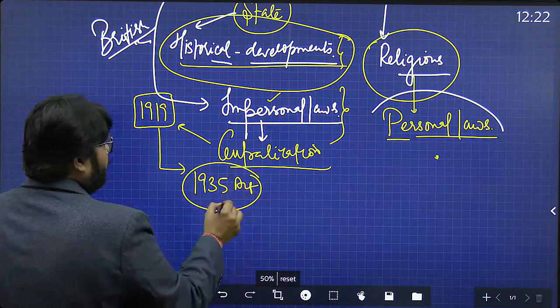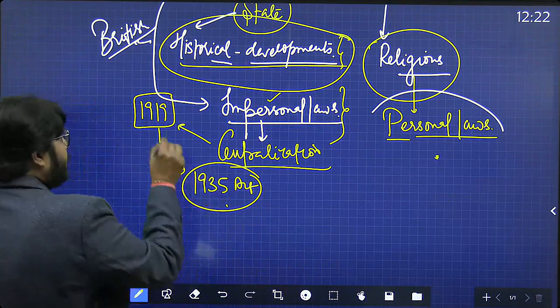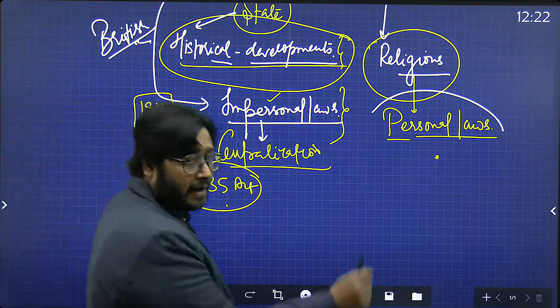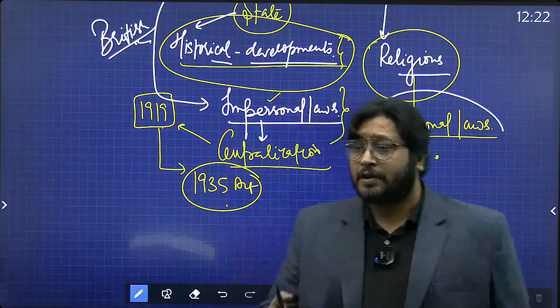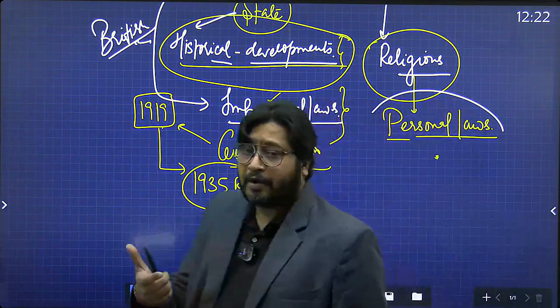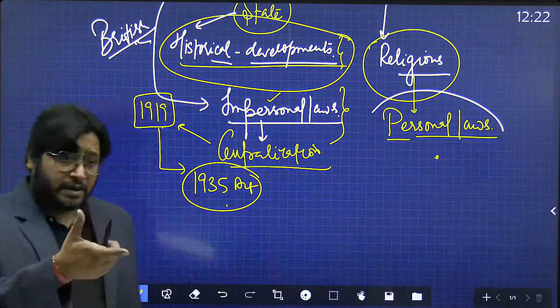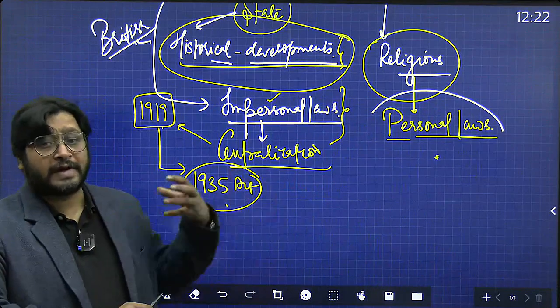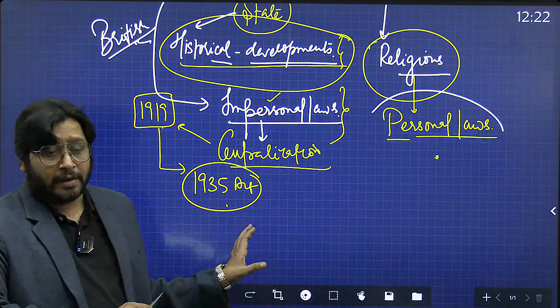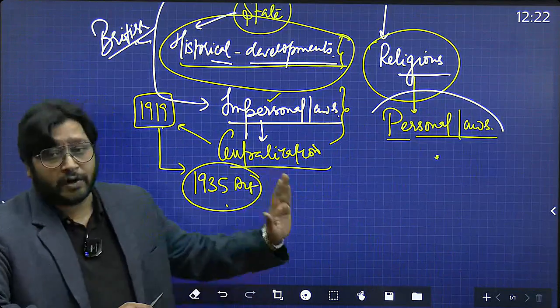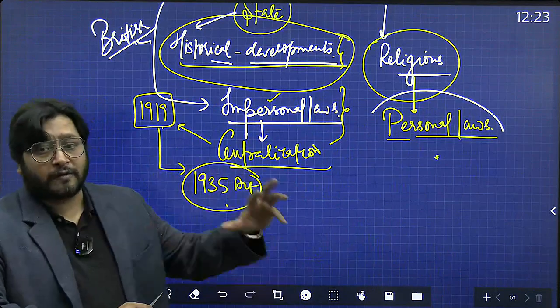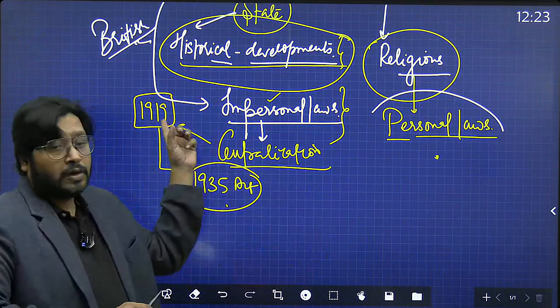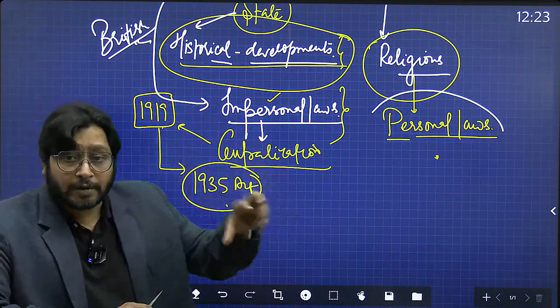The 1935 Act talked about a federal system, and 1919 had a centralized feature. In spite of the 1935 Act coming, obviously it was never in force, but still, the special provisions for the provinces, for the states, they were there, right? Where they could have enjoyed autonomy with respect to local functions. But then also, this dominated the Union government.